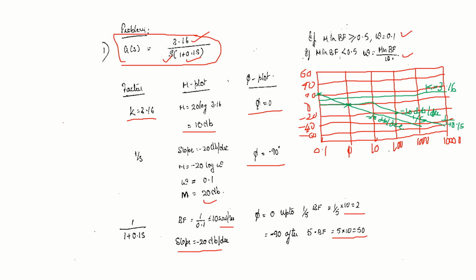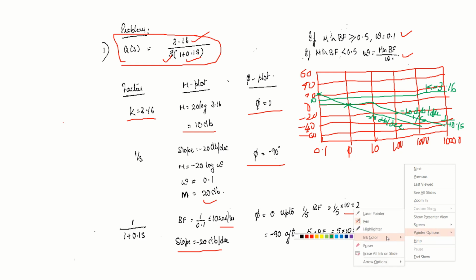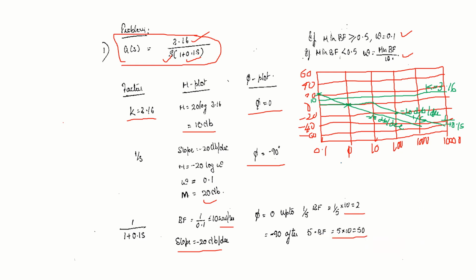After drawing all these lines, let us draw the resultant plot. At this point, this is contributing 10 dB, this is contributing 20 dB. 20 plus 10 is 30 dB.